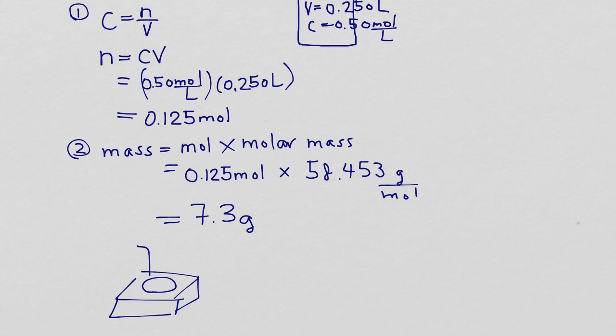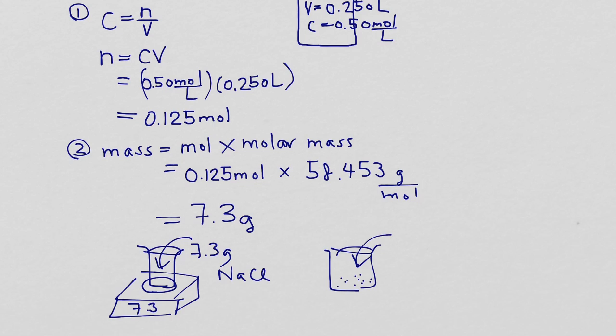You can add in 7.3 grams of salt, and then step 2, you take that 7.3 grams of salt and then you add in 250 mL of water.